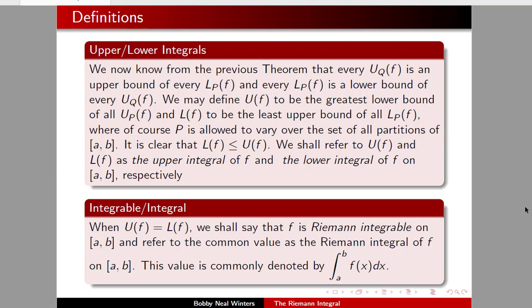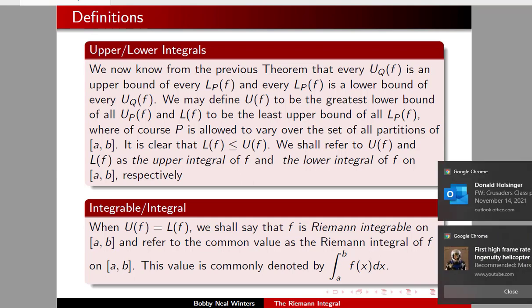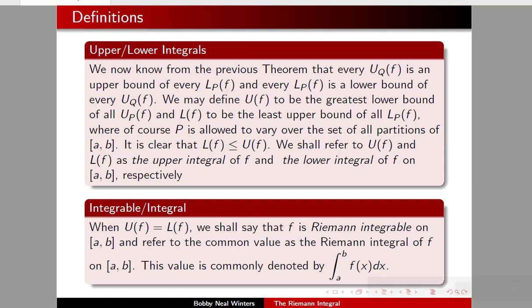We may define U of f to be the greatest lower bound of all the U_P of f, and L of f to be the least upper bound of all the L_P of f, where of course P and Q are allowed to vary over all the partitions of [a, b].